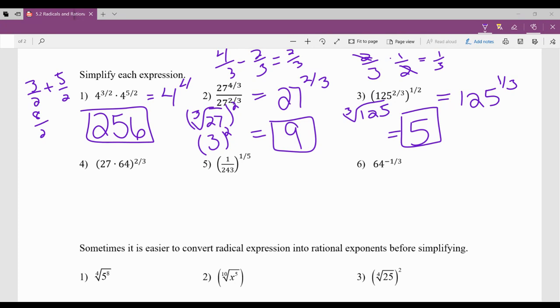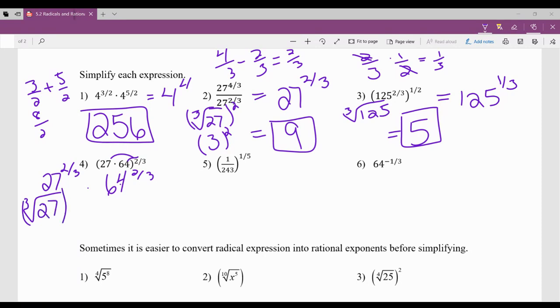All right, so now we have two things being multiplied on the inside, and they're both being raised to the 2/3. So I can make my life easier, and I could distribute in the raised to the 2/3. So it would be 27 to the 2/3 times 64 to the 2/3. So then I have power over root as an exponent. So my root is 3.